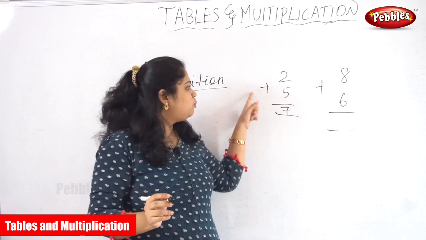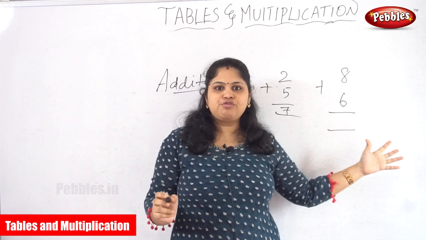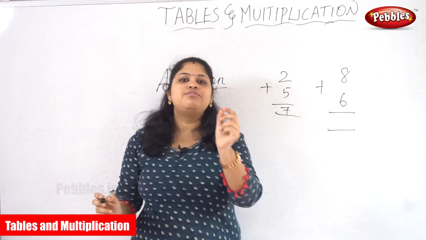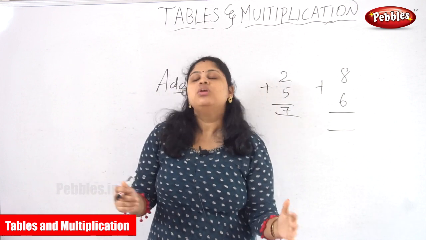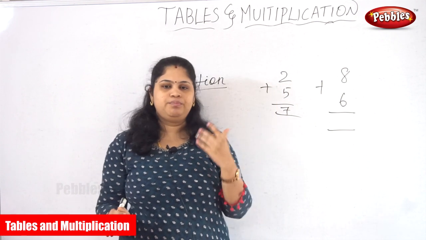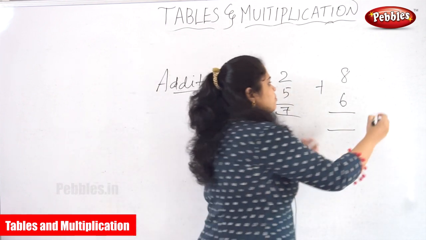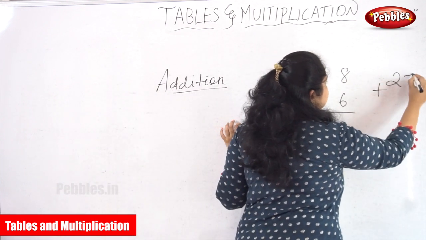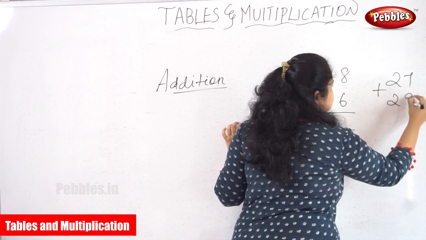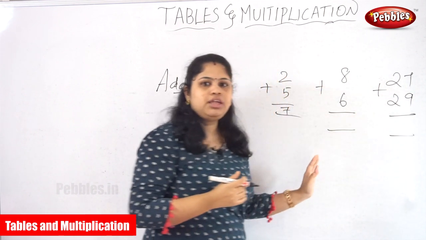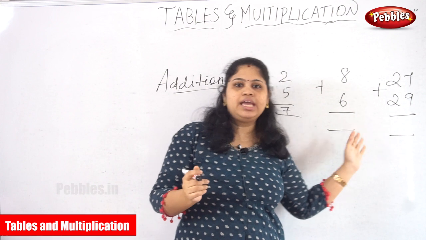When comparing 2 plus 5 with 8 plus 6, you feel a little bit of struggle. Next, for instance, 27 plus 29 will feel a little more difficult compared to 8 plus 6.